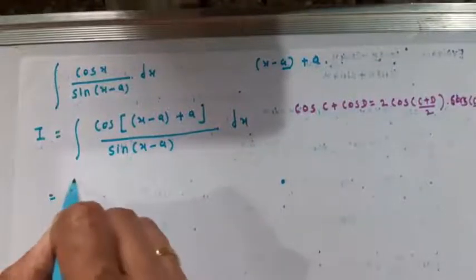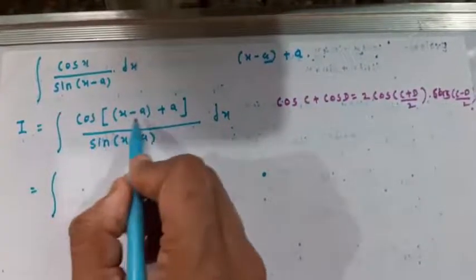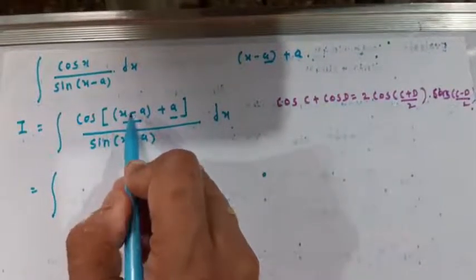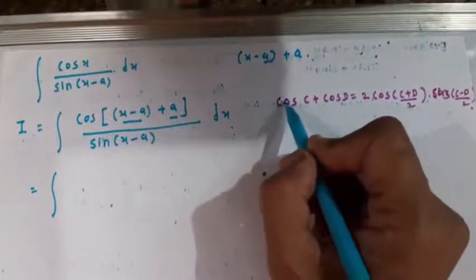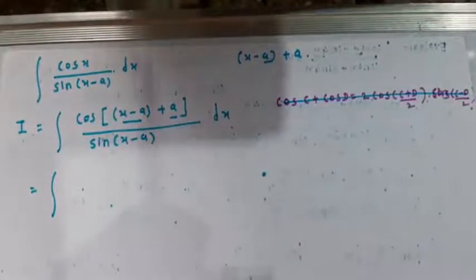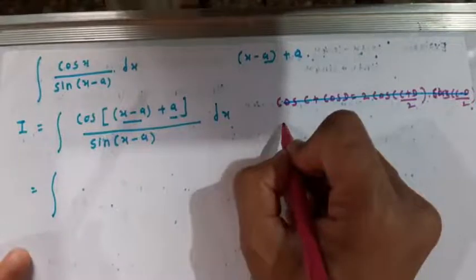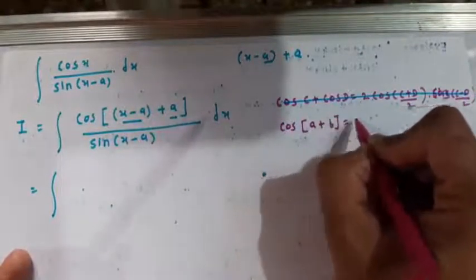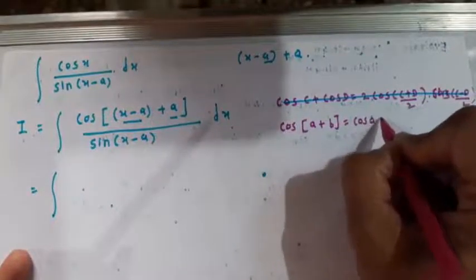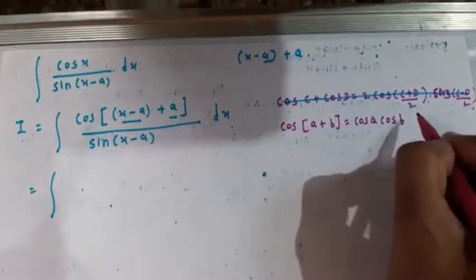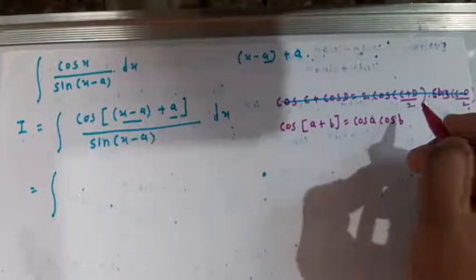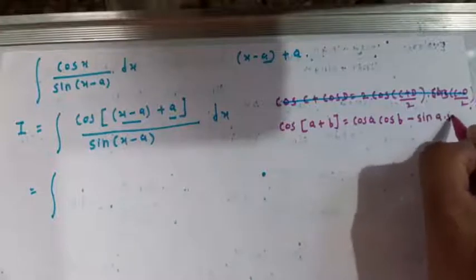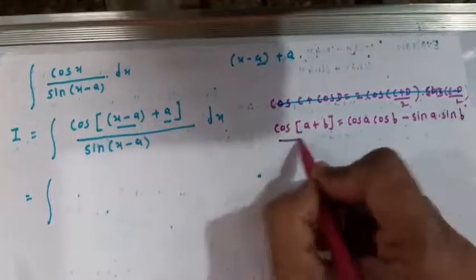Therefore, by using the formula, here not the cos c plus cos d formula, we have to use the formula cos(a plus b), that is cos a cos b minus sin a sin b, by using this formula.